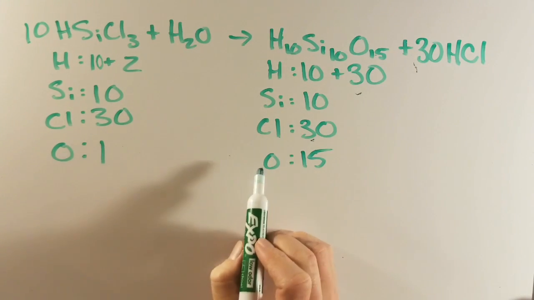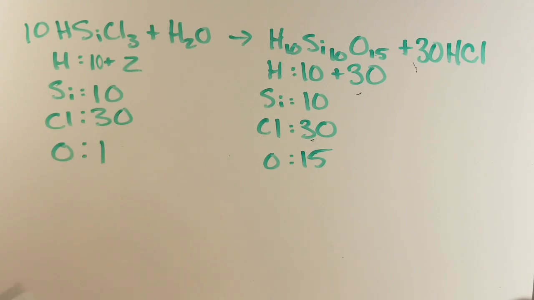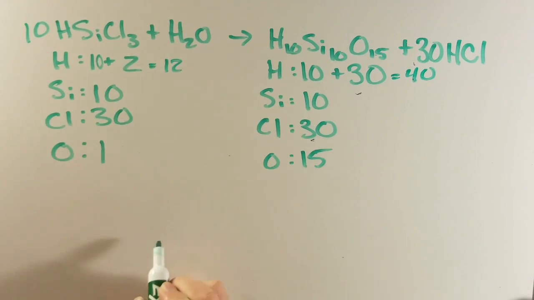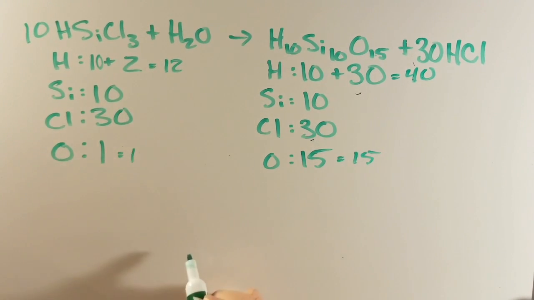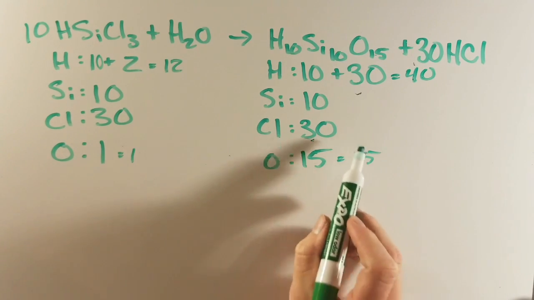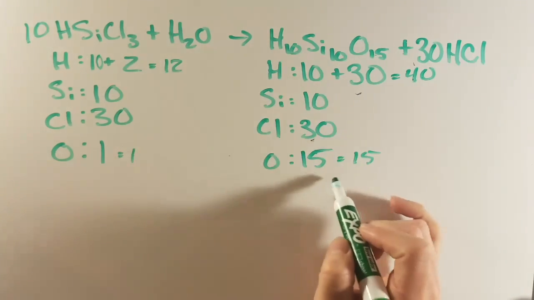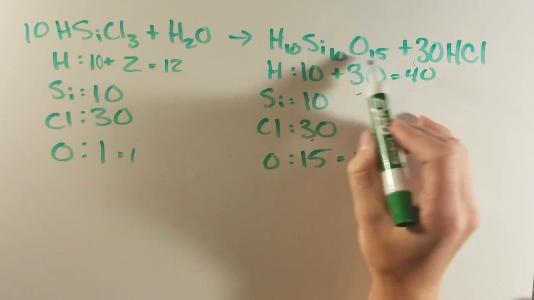So the remaining ones that aren't balanced are oxygen and hydrogen. We have 40 here, and we have 12 here. And we also have 15 here, and we have 1 here. So if you can't see the quick solution here, we can just look at oxygen, because oxygen's on this side in one molecule but not on the other.